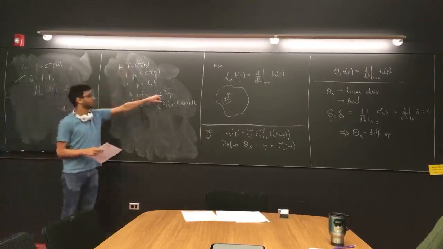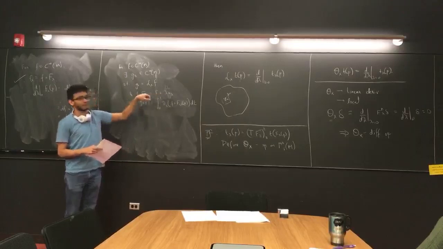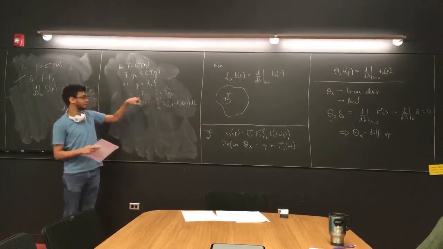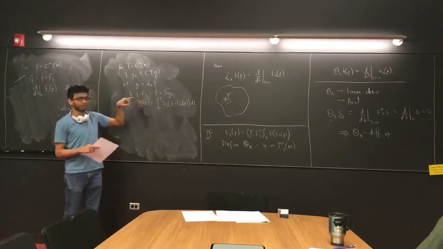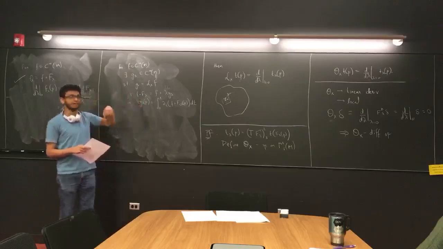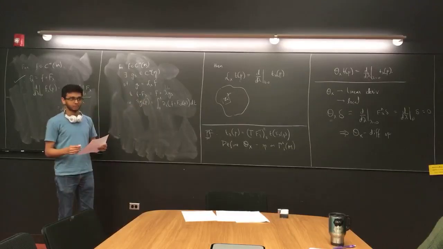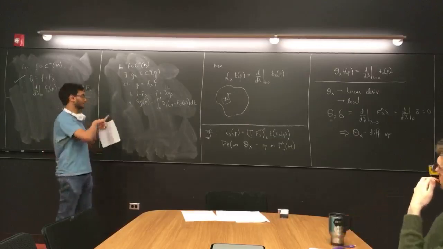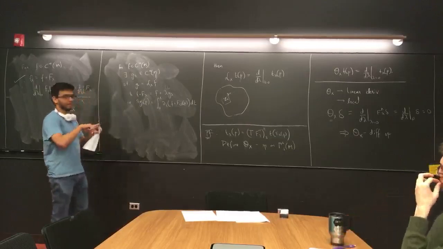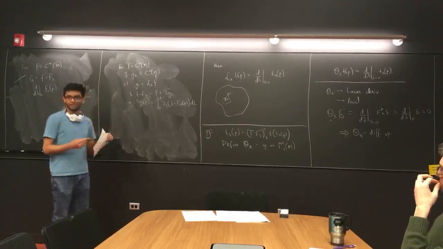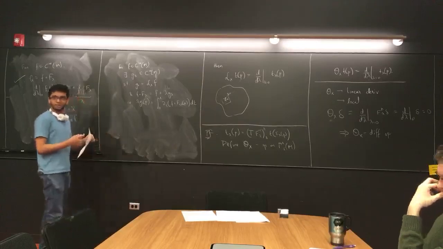If you rearrange this, lambda g lambda is just f lambda minus f. So g0 is nothing but the lambda derivative of f at lambda equals 0. So it's a difference between the value of f at lambda and the value of f at 0 divided by lambda. Right.